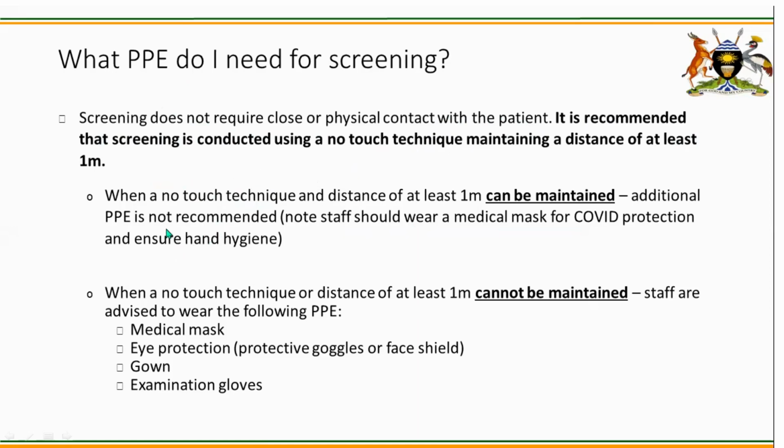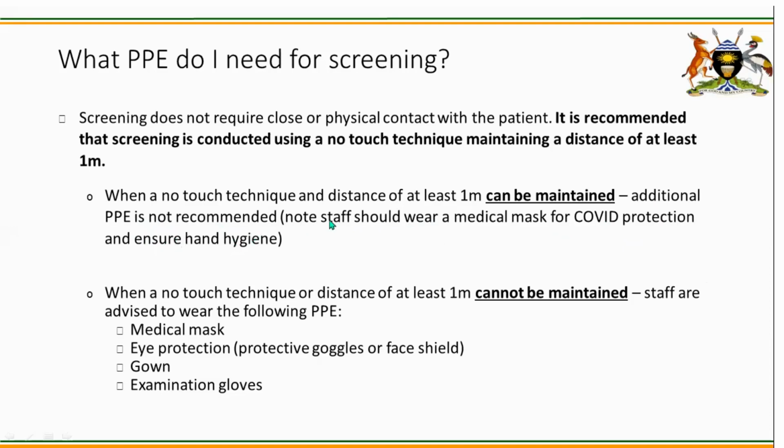And when a no-touch technique or a distance of 1 meter cannot be maintained, that's when you need additional PPE. Additional PPE is not otherwise recommended. Staff should wear a medical mask for COVID-19 protection and ensure hand hygiene.